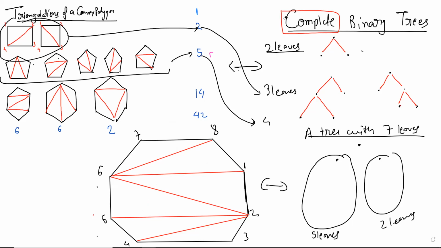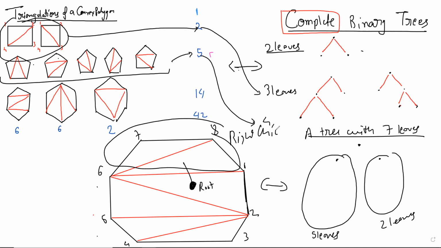Point is that, look, maybe I do it with black. This is like the root, and this side is, you can say, right or left. Let's say that's a right subtree. This is the right subtree, the right child, or all the family of the right child, and this is the left child.